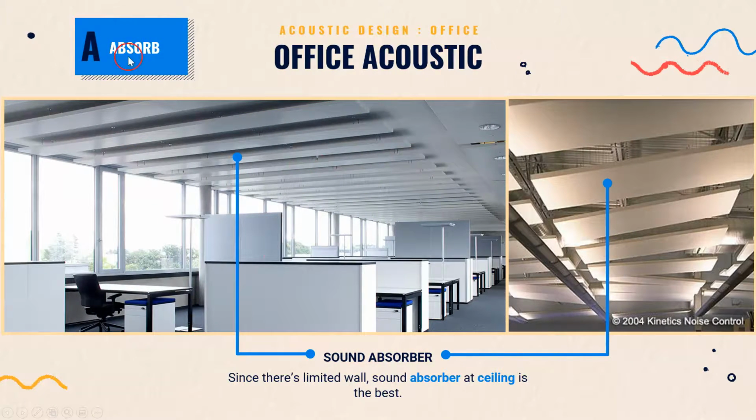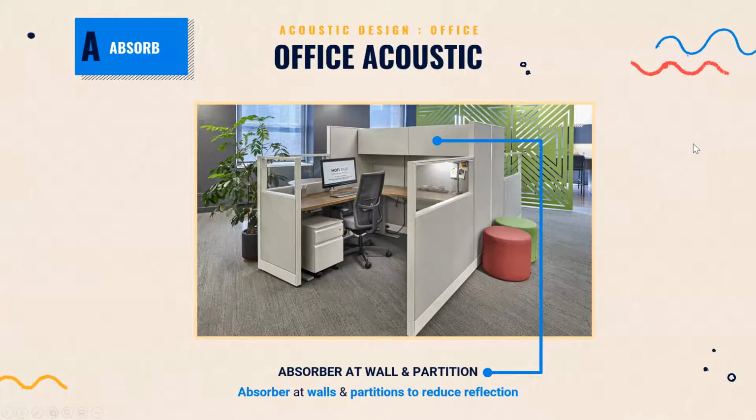Now, office acoustic, the first one is absorb. Because it is an open office, there's limited wall. So the best is to install sound absorber at the ceiling. Then install absorber at wall and partition to reduce reflection.